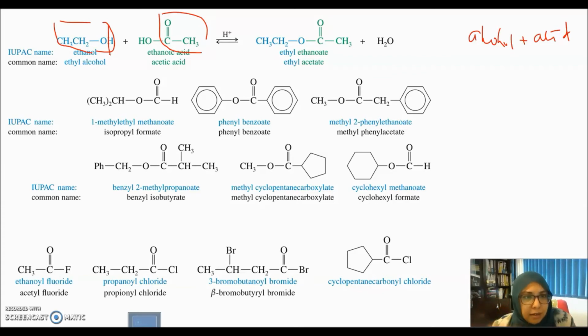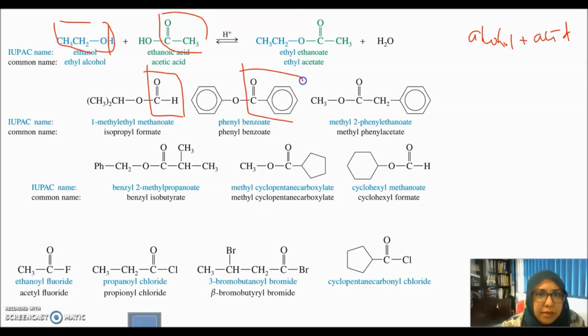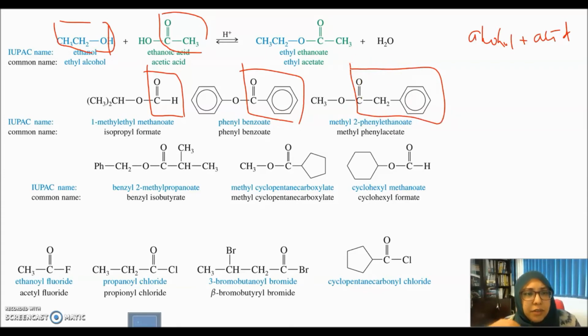In this case, how do you determine where is your acid part and where is your alcohol part? This part right there is the acid part. That means whatever is next to your carbonyl is your acid part. So the first one you see methanoate, because essentially it is methanoic acid.